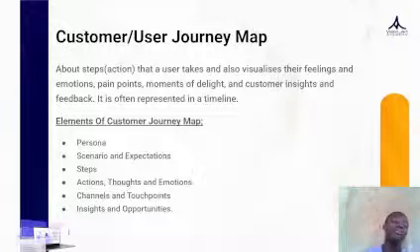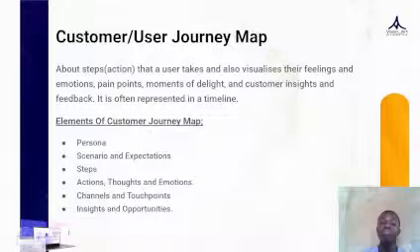It's just a part of the user flow. So a customer journey map is very, very broad because it involves almost all other UX deliverables. You can see we have persona here, we have scenarios here, user scenarios, we have the steps that's talking about the user flow, actions, thoughts, and emotions.